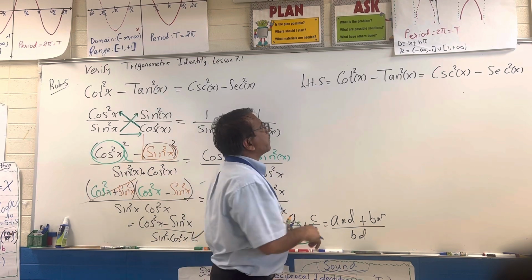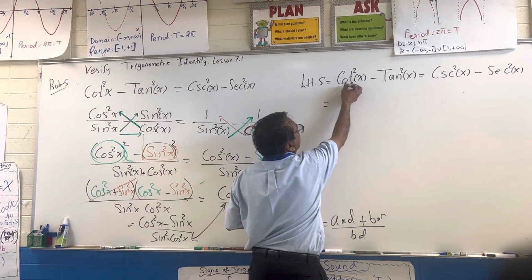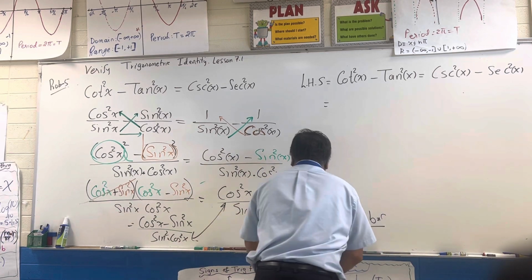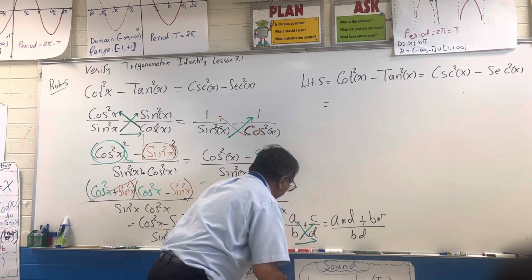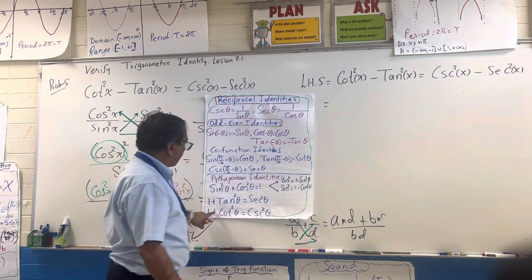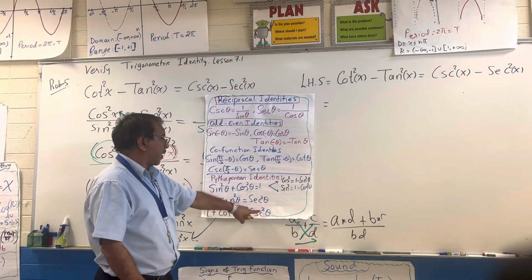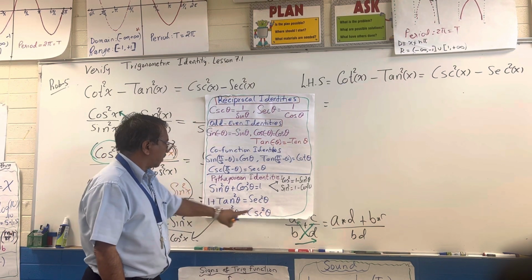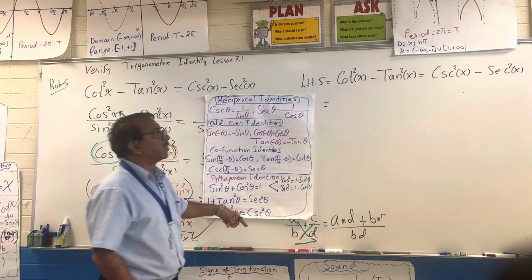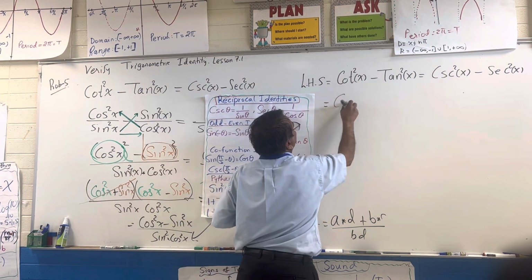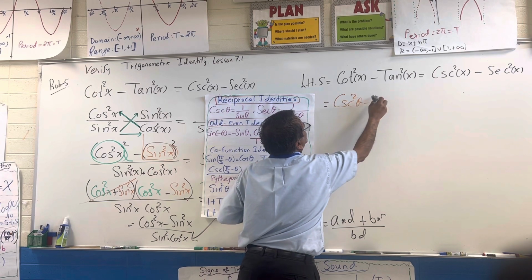Is there a way? Now cotangent by Pythagorean, check it out. 1 plus cot square is cosecant square, so we can always write this as cotangent square is cosecant square minus 1. Subtracting 1 both sides, this can be replaced by cosecant square theta minus 1.